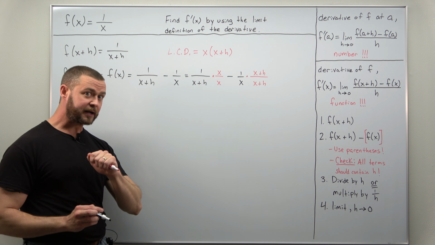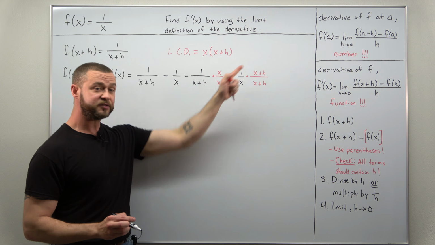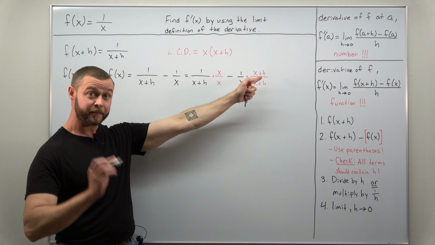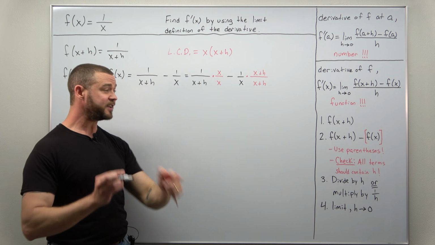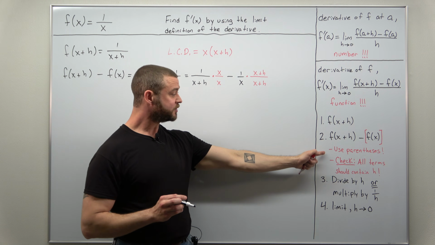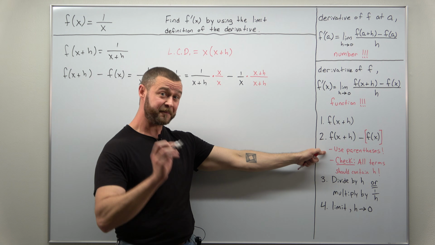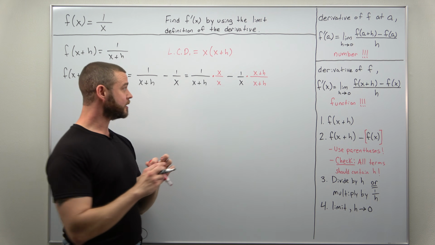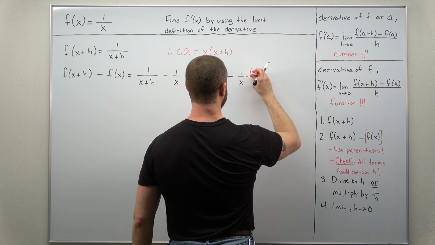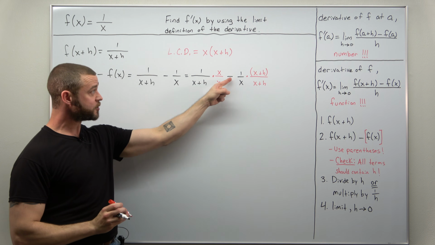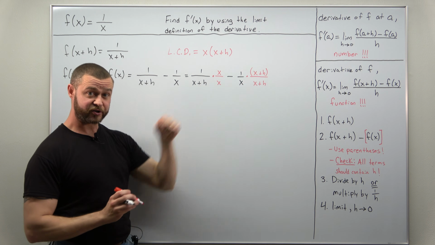Now, we're going to subtract the numerators, but because we have in the second fraction here two terms, x plus h, with a subtraction sign, you can go ahead and use your most important tip here of using parentheses right around that numerator x plus h, because again, we're going to be subtracting those fractions.